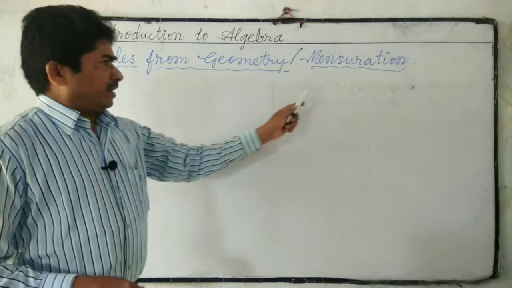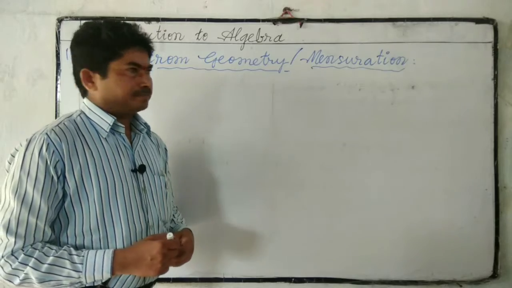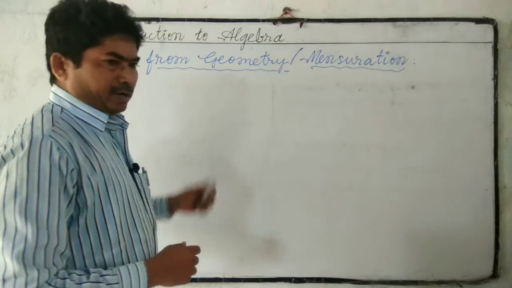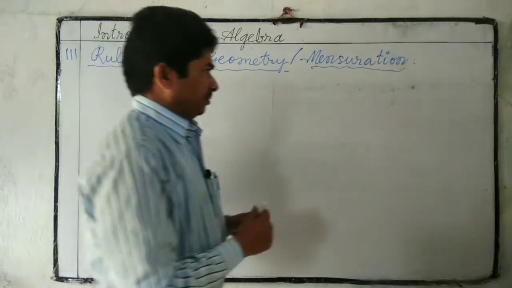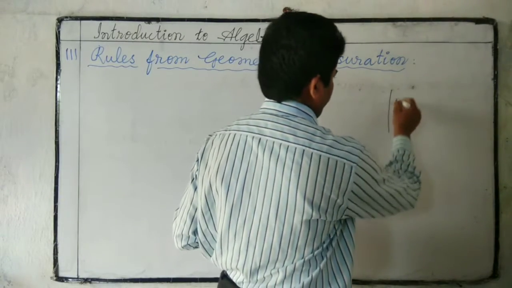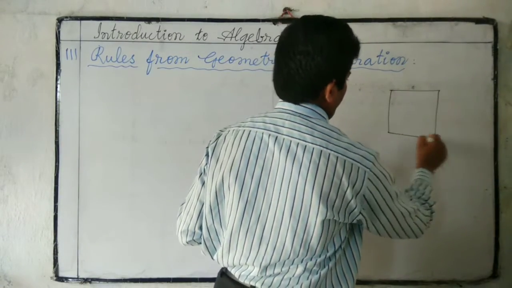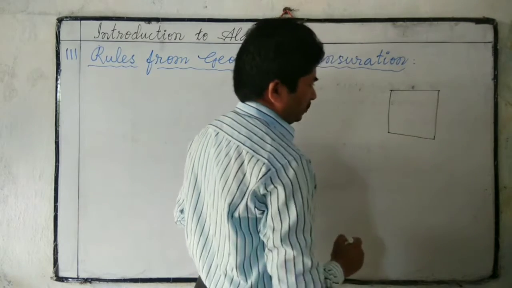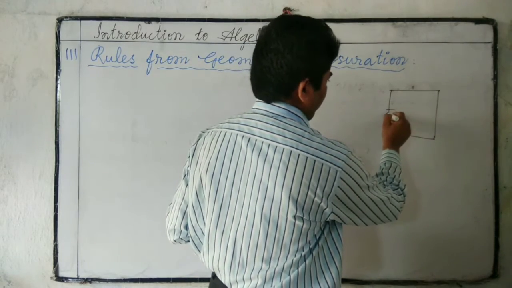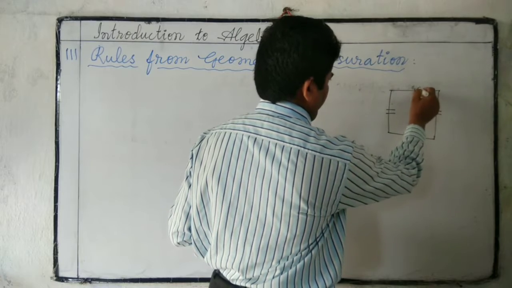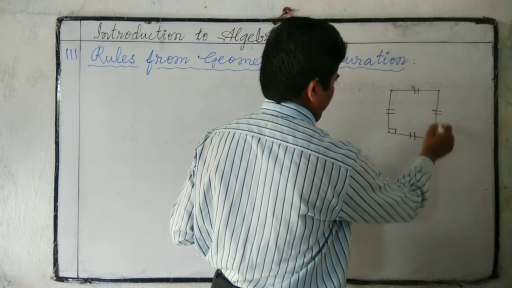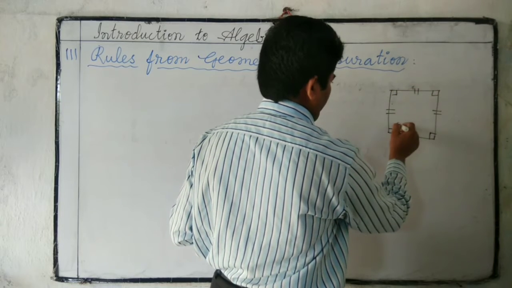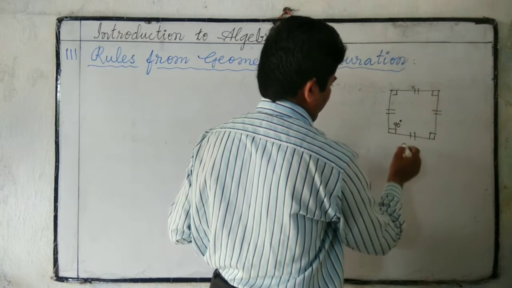Rules from geometry or mensuration. To find rules from geometry, we take first a square. In a square, all sides are equal and all angles are equal, that is 90 degrees.